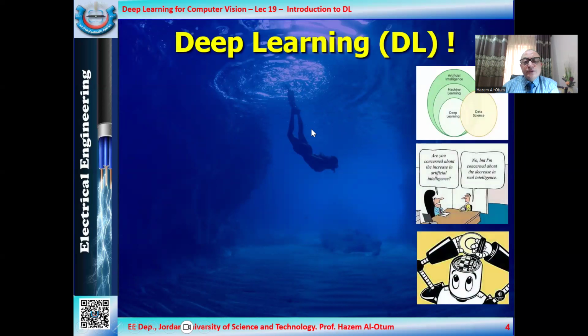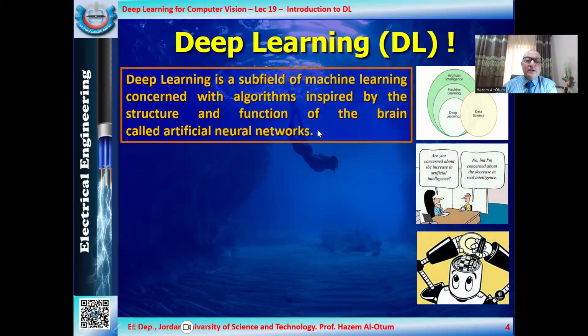So what is deep learning in general? We discussed this issue in previous lectures. However, let's go back for a quick tour to describe deep learning. Deep learning in general is, as we all know, a subfield of machine learning. So it's a machine learning approach, but it is something advanced on machine learning because it is concerned also with algorithms inspired by the structure and the function of the brain, what we call the artificial neural network.